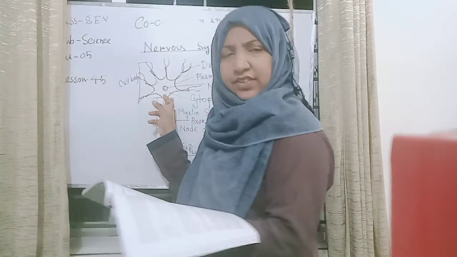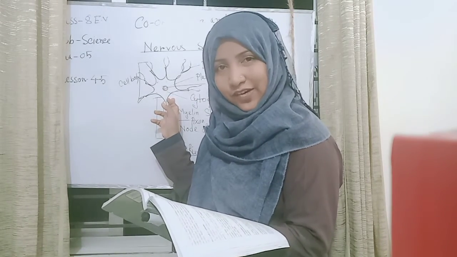A typical neuron is mainly divided into two parts, namely the cell body and the processes. The first structure is the cell body, the main part of the neuron. The cell body may have different shapes, for example round, oval and star shape. Here I drew a star-shaped structure.